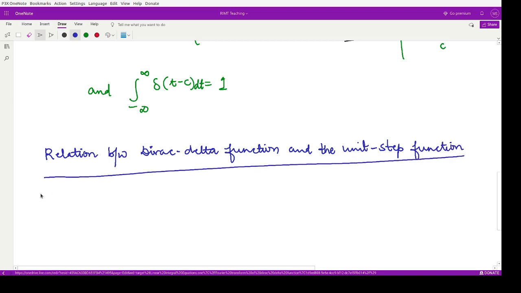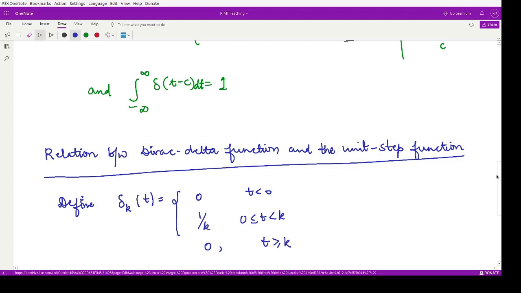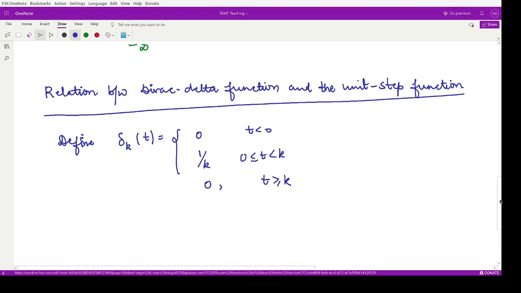So for that, we define the Dirac-delta function like this: delta k of t, where k is a constant. This is 0 whenever t is less than 0. Whenever t lies between 0 and k, its value is equal to 1 by k, and it is equal to 0 whenever t is greater than or equal to k. So this is the definition.